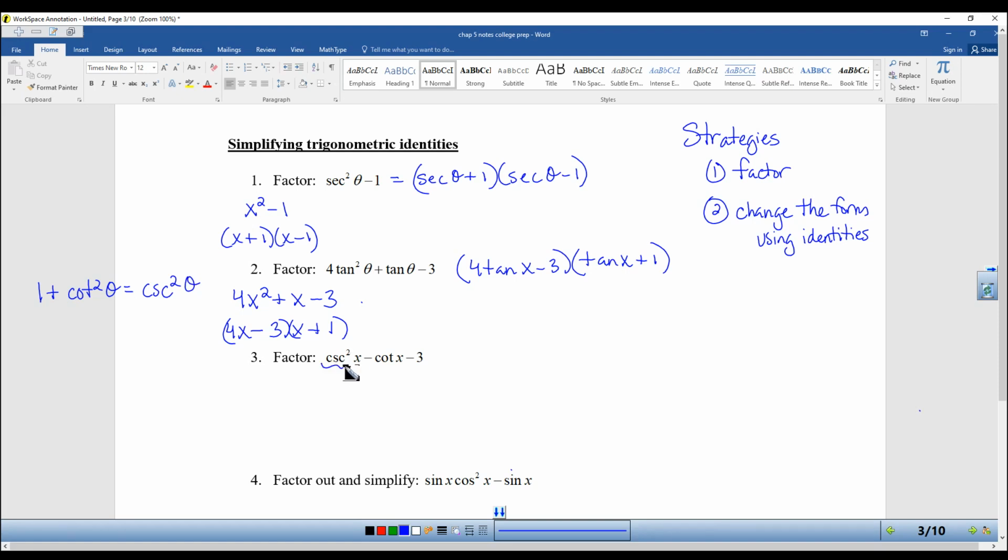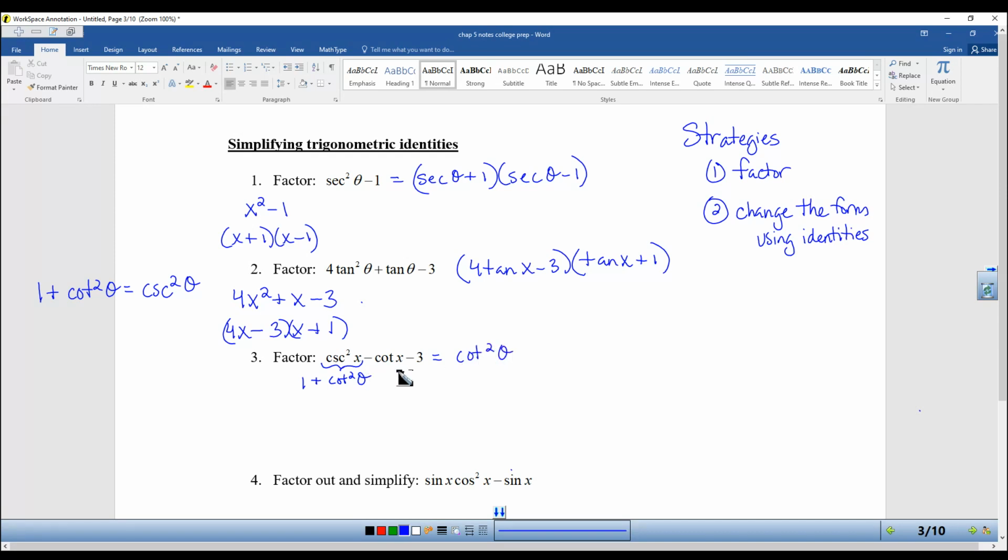So I can replace this with 1 plus cotangent squared. Even if you're not required to memorize all the identities, you need to be intimately familiar with them in order to look at something like this and recognize when you need to use it. You can still look at your sheet to confirm, but if you don't have them mostly in your head, then it's going to be a struggle.